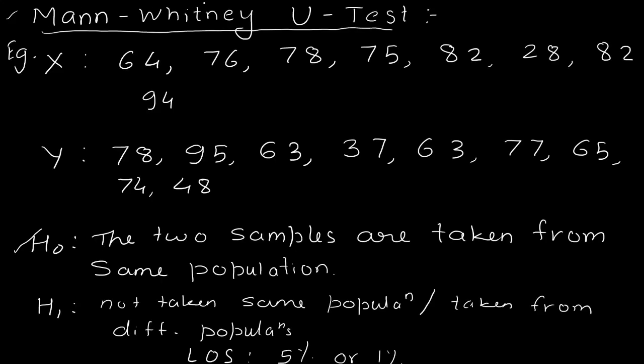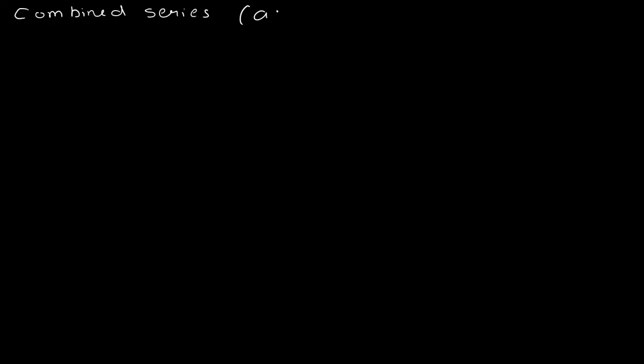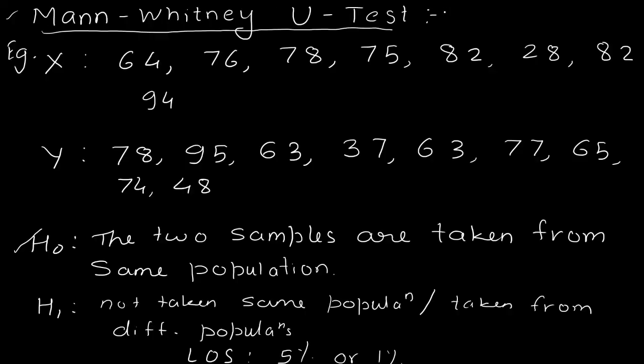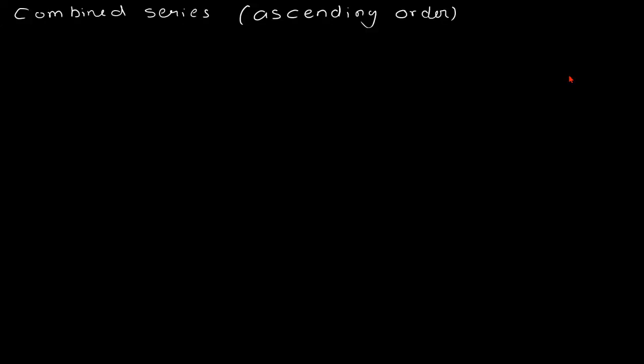Now how will you write this? You will arrange these data in ascending order. Which one is the smallest number? The smallest number in this case belongs to this x, that is 28. So I will start with that.